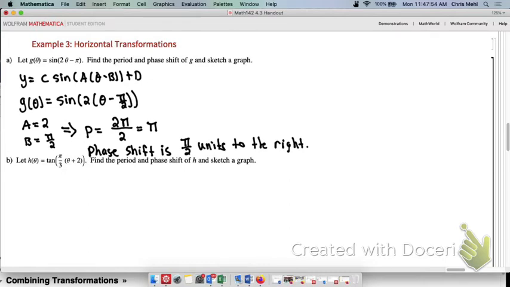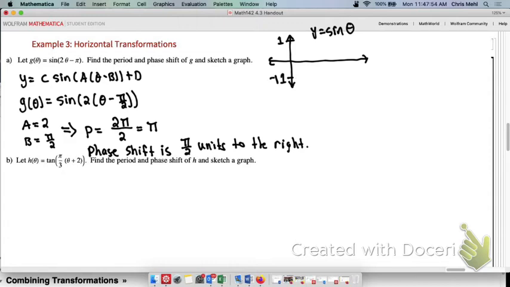Now let's sketch a graph. Now it's handy to have the fundamental cycle. So what does the fundamental cycle of sine look like? So here's y equals sine theta. Maximum is 1. Minimum is negative 1.